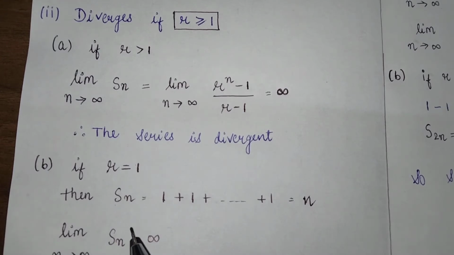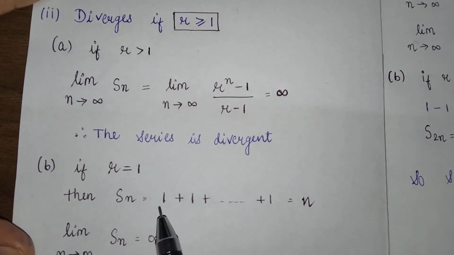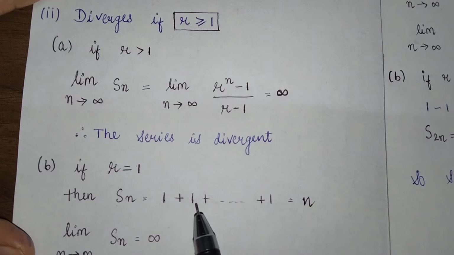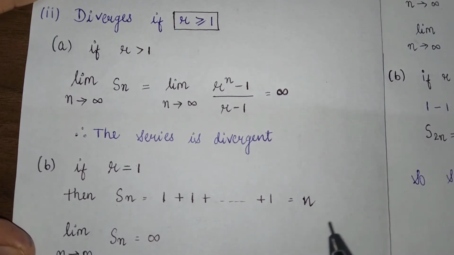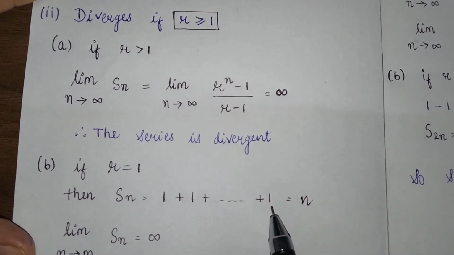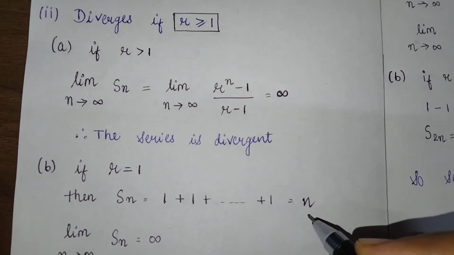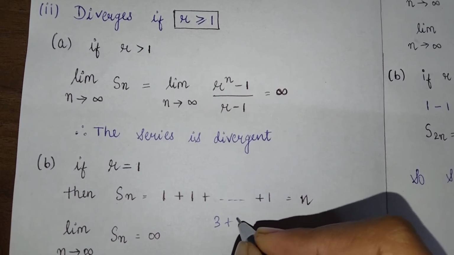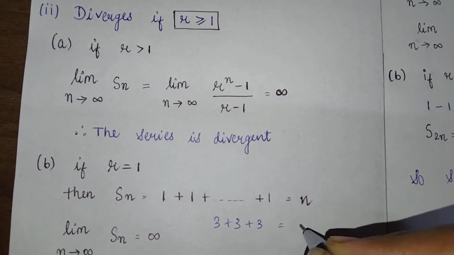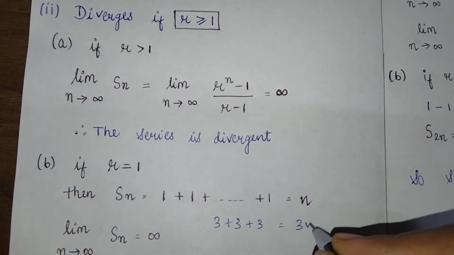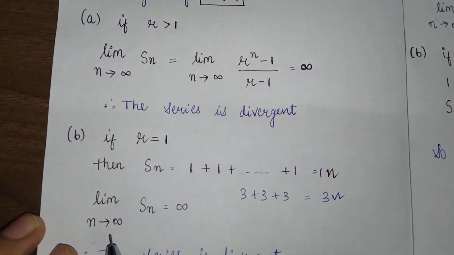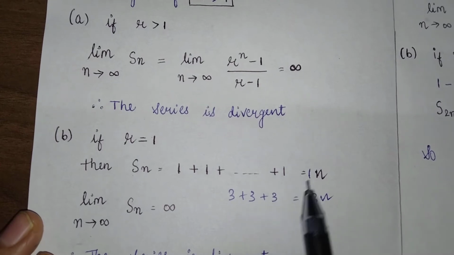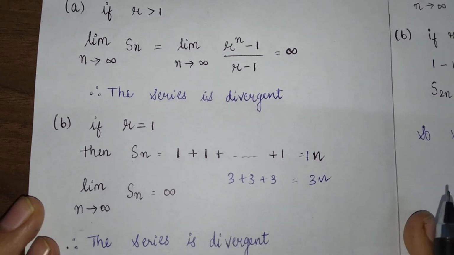If we consider the series 1 plus 1 plus 1 going on to infinity, then the sum up to n terms is n. If it is 3 plus 3 plus 3, then the answer will be 3n. But here it is 1, so 1n. If you put the limit in this equation, you get infinity. So the series is divergent.